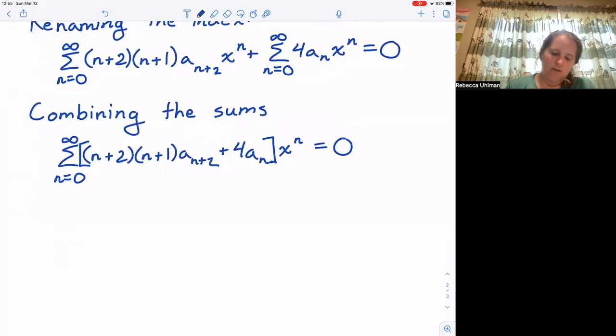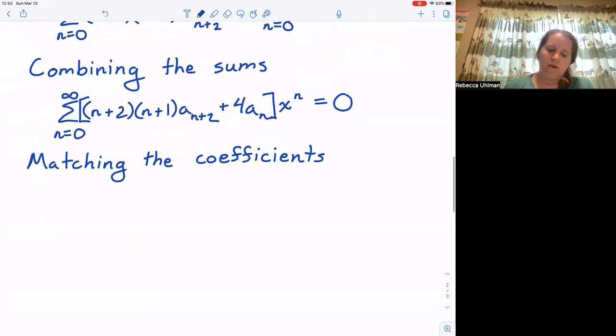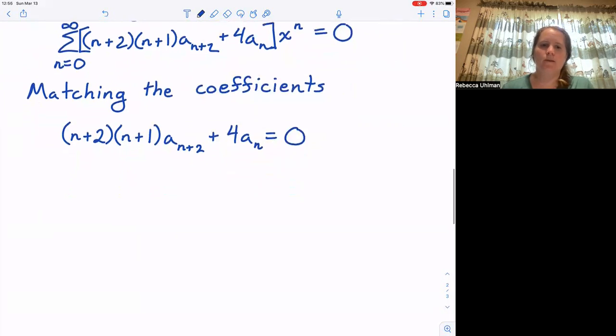Then matching the coefficients, we have n plus 2 times n plus 1 times a sub n plus 2 plus 4 times a sub n is equal to 0.